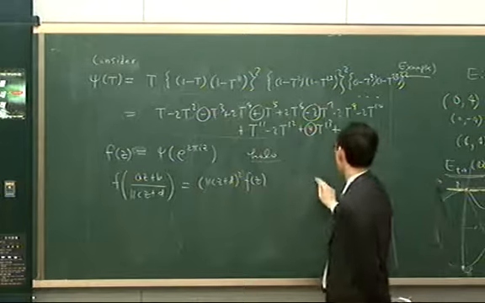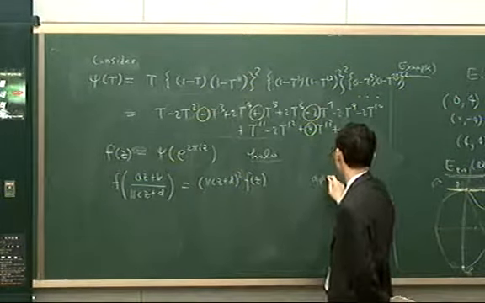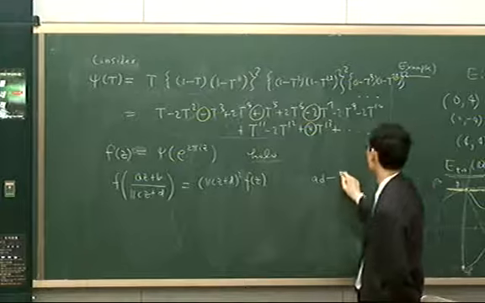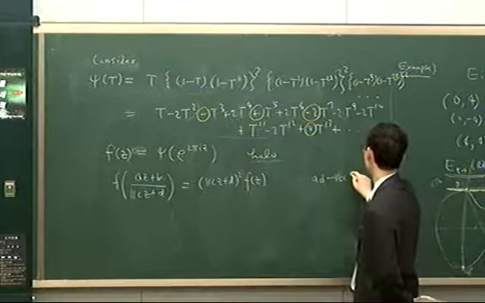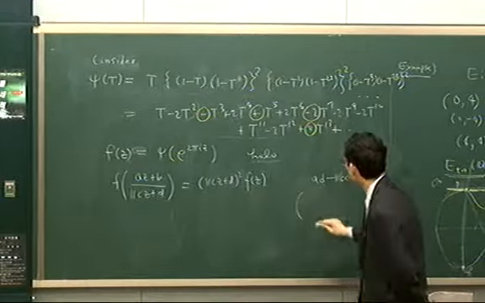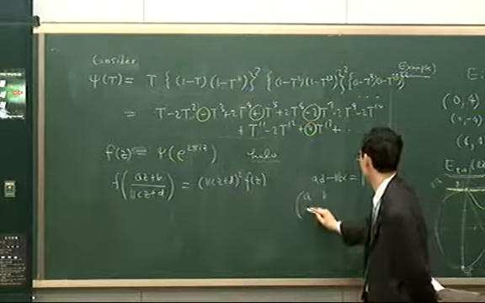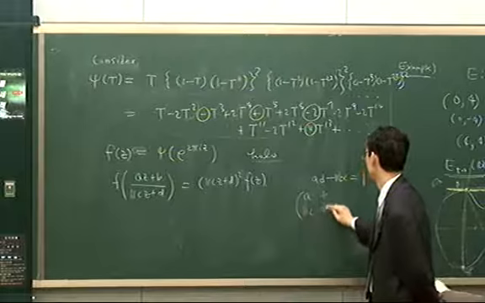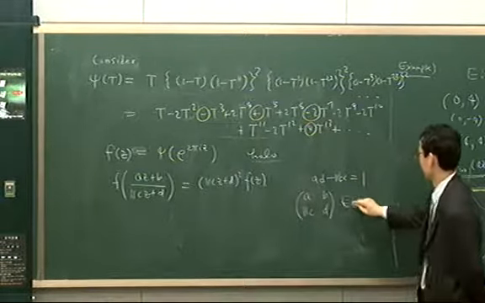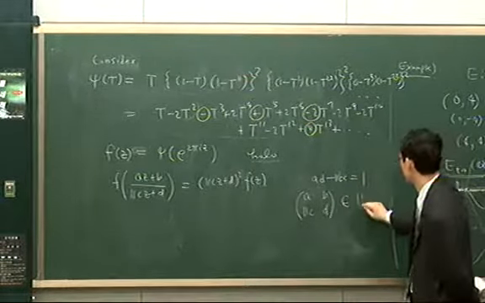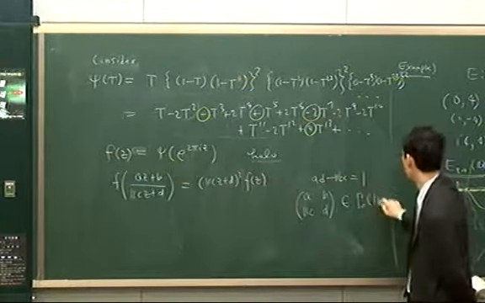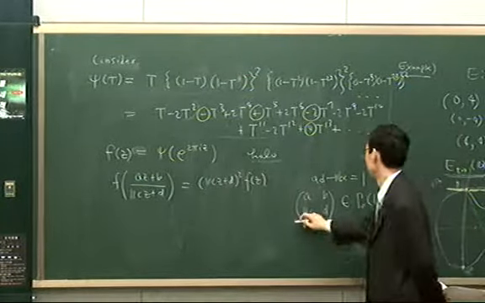Here a, b, c, d satisfies ad minus 11bc is equal to 1. In another terminology, this matrix is called an element of the congruence group Gamma_0(11).